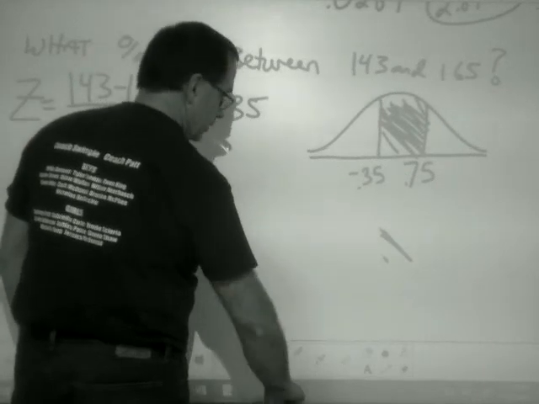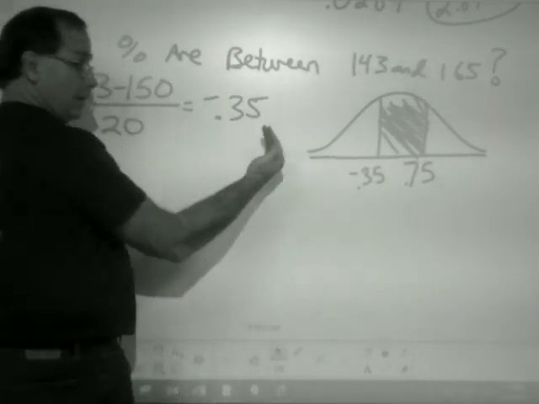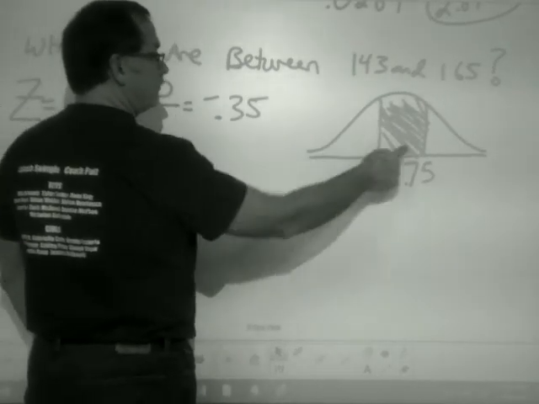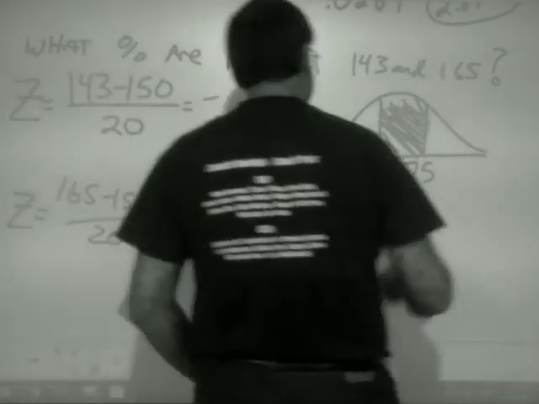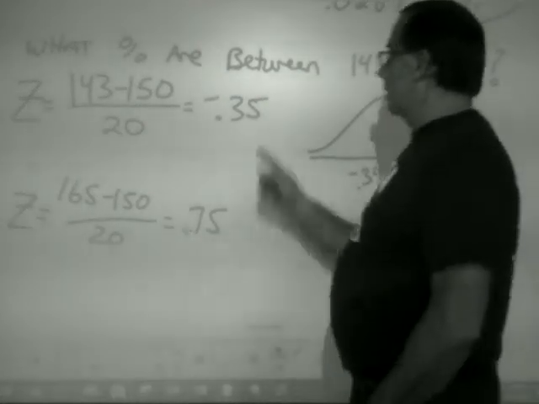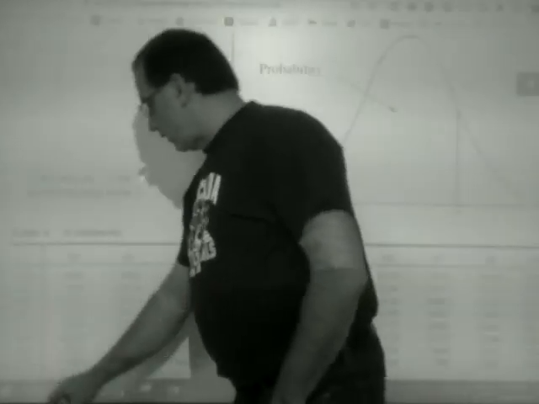Let me just get rid of this. So again, I start with the whole thing and I subtract what's to the left of 0.35 because then what's left over is right in the middle. So I need 2 4-digit decimals from my book. One for 0.75 and one for negative 0.35.